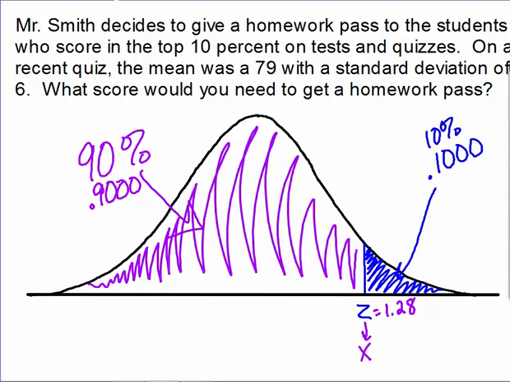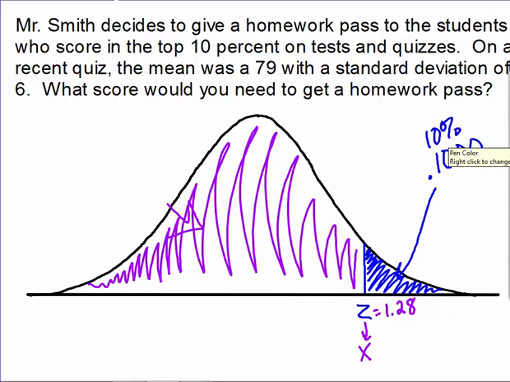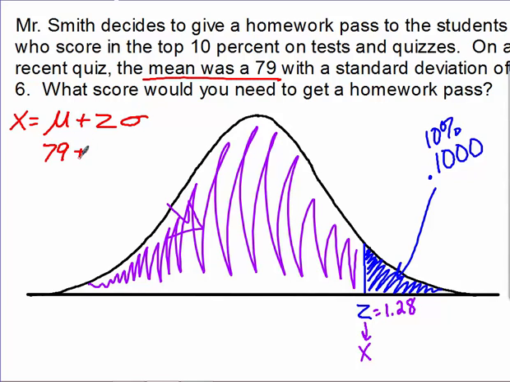So I'm going to make some space here and erase this piece that I don't really need. I know that my formula is x equals the mean plus the z-score times the standard deviation. And I now have all the information that I need. My mean is 79. My z-score that I found was 1.28.